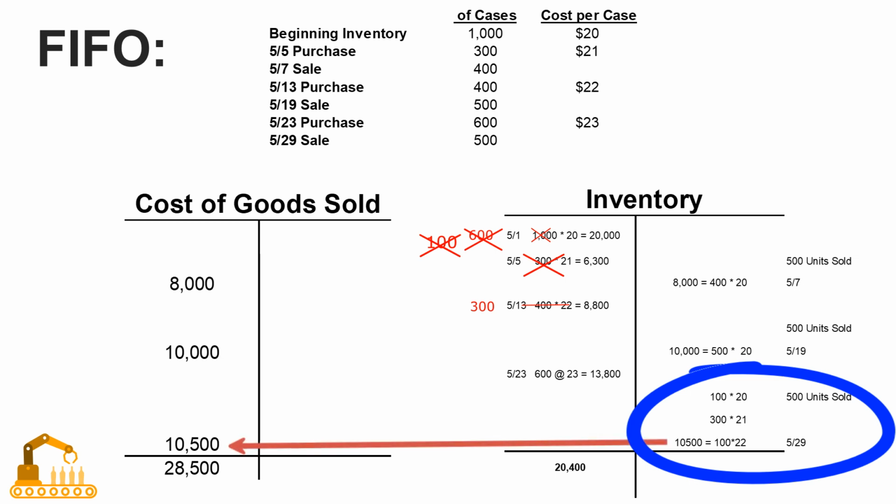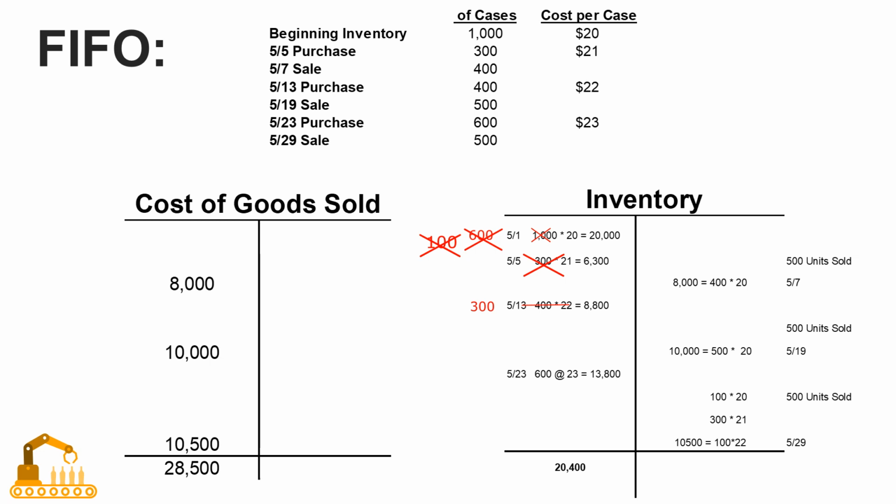Finally, this problem asks for the ending balance of inventory. If I simply take all of the debits, the beginning balance plus purchases, and subtract all the credits for goods sold, then I will end up with the balance, in this case $20,400.